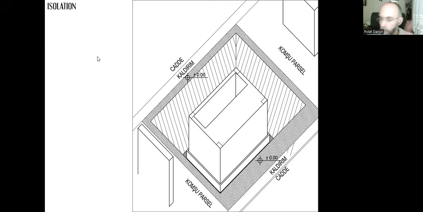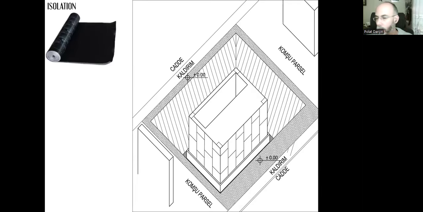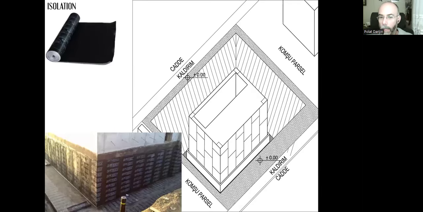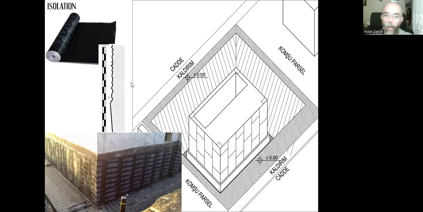So we need to waterproof all these surfaces as well, just like we did previously using these membranes, two layers of membranes like that. But again, these are reinforced concrete shear walls, so there can be sharp edges because of the aggregate. If we just place these membranes, they can be penetrated, they can be torn.